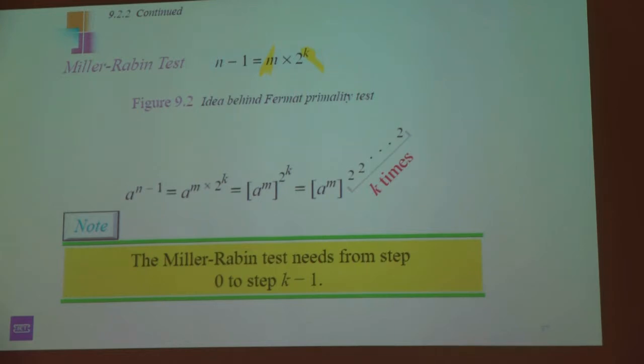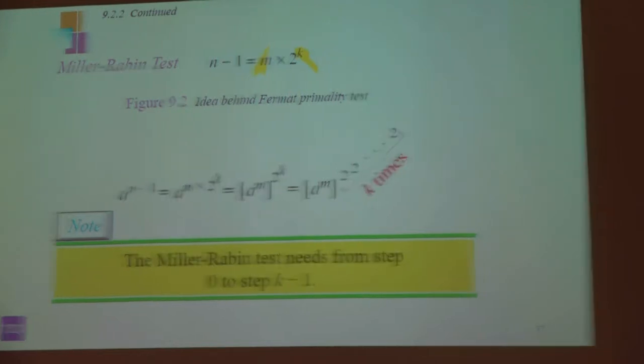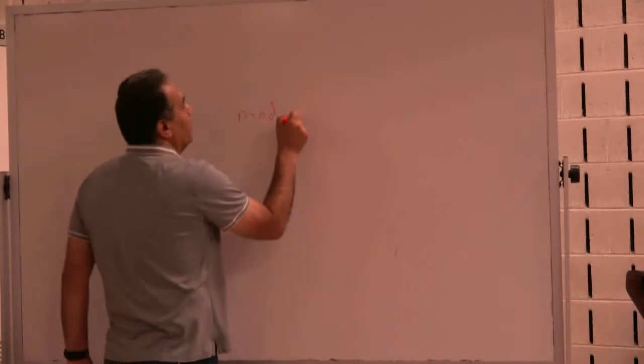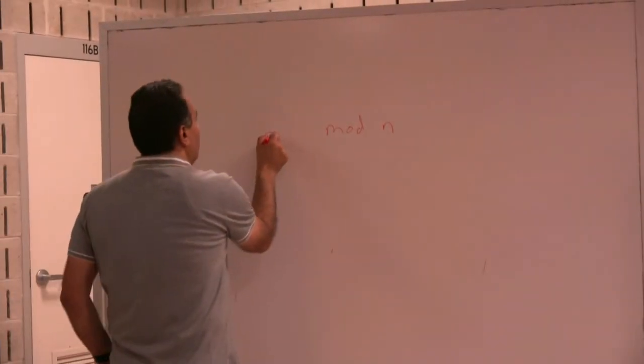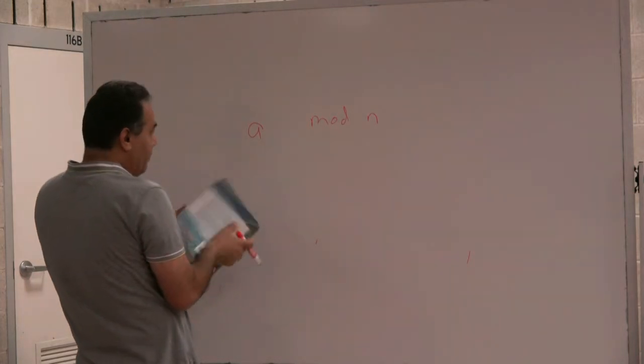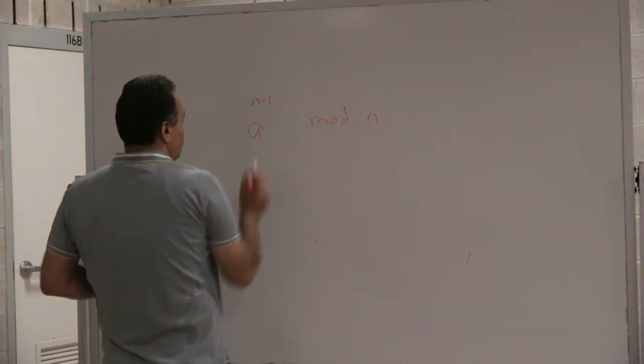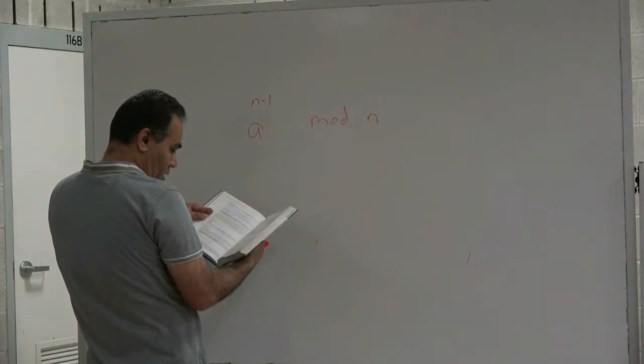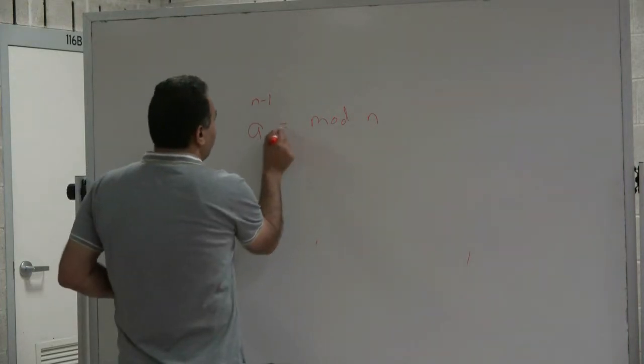It says a to the power of n minus 1 mod n for sure will give you 1.